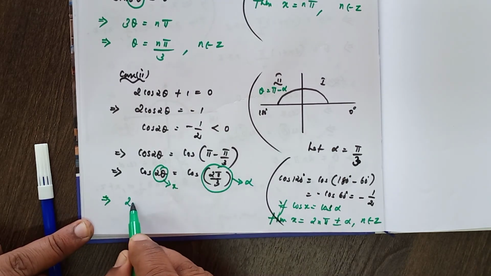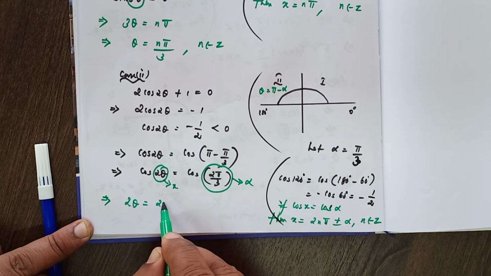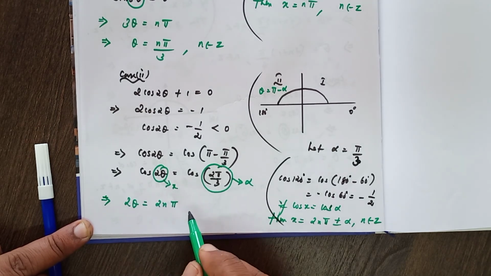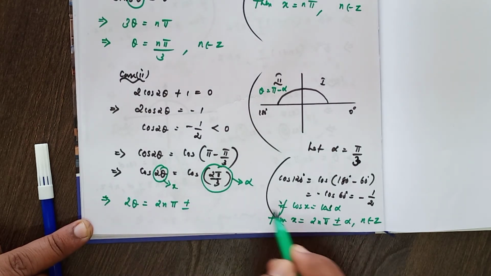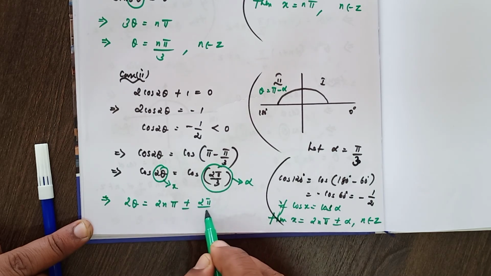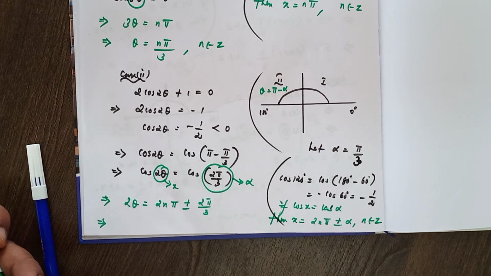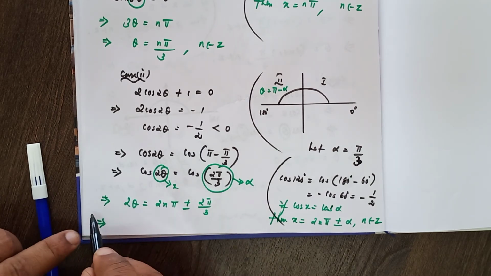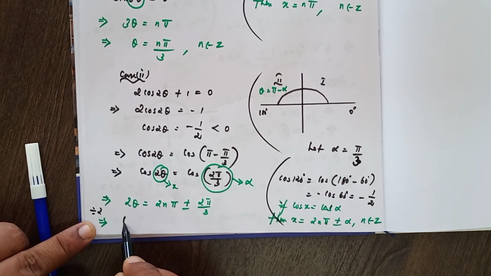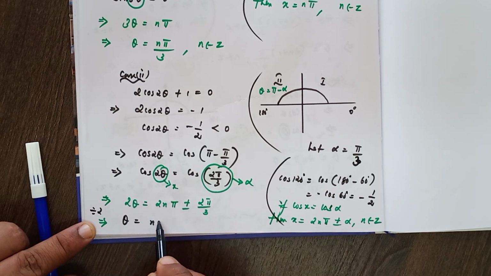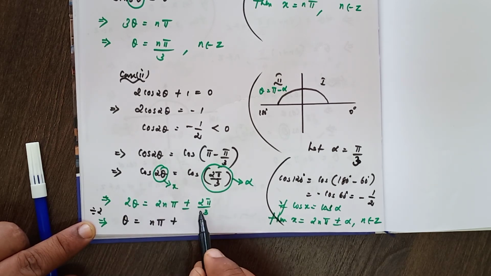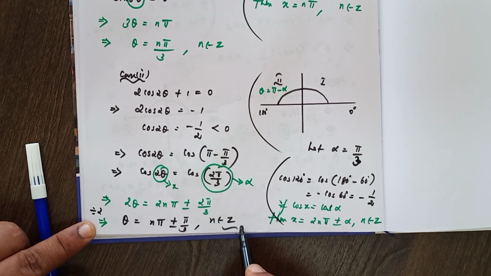Instead of x we have 2 theta, equals 2n pi plus or minus alpha, alpha equals 2 pi by 3. We need only theta, therefore divide by 2. If we divide by 2, we will be getting theta, and n pi, the 2 gets cancelled, pi by 3 here, plus or minus pi by 3, where n belongs to integer.